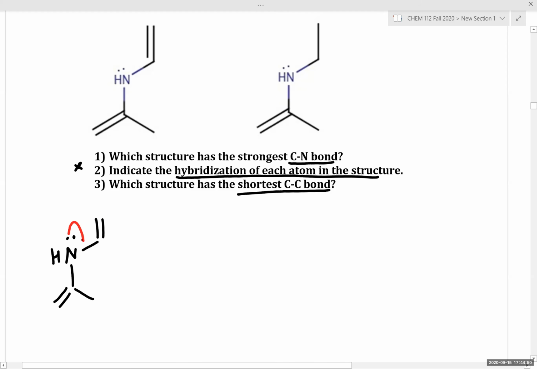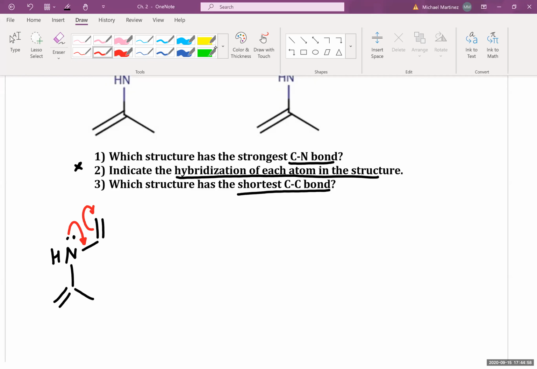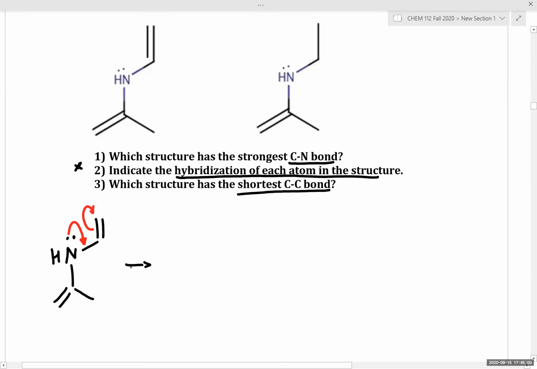I can kick my lone pair down, and that breaks my pi bond and generates a lone pair. This is the very classic arrow pushing method that you're going to be using a lot when you're drawing your resonance structures. That in turn gives us the following resonance structure.